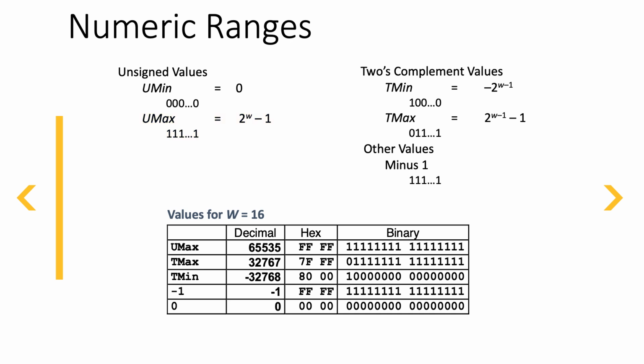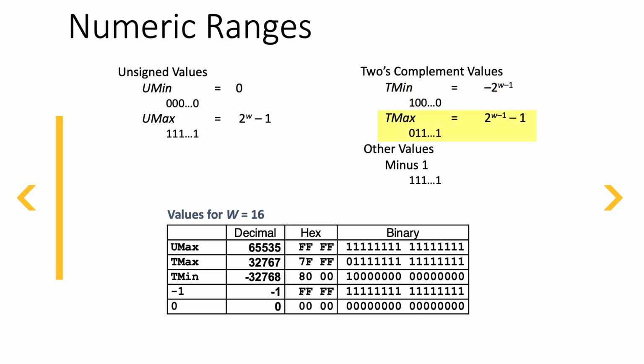We can do roughly the same thing with 2's complement values. TMin, our minimum 2's complement value: remember, we have negative weight on that most significant bit, so that'll be a 1 followed by a bunch of zeros, however many we have. Mathematically, that breaks down to negative 2 to the w minus 1.